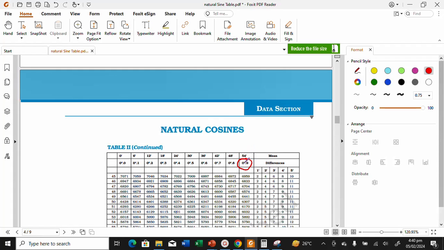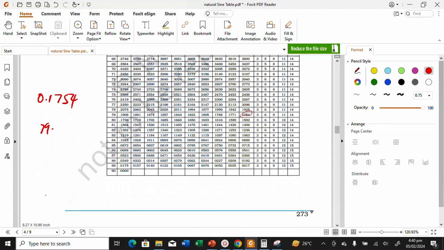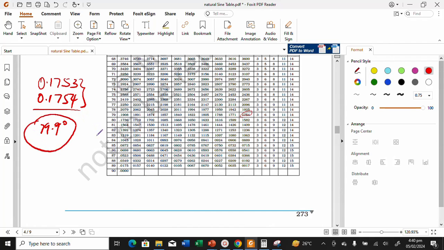But since we're not considering that, we're going to use only this. So now the angle is 79.9 degrees. Although the problem is 0.1753, the error is not much. So this is it, angle.